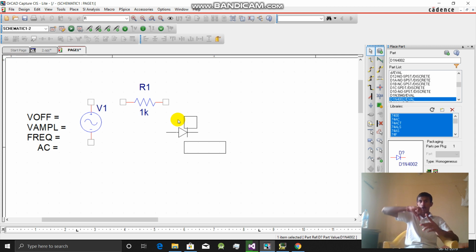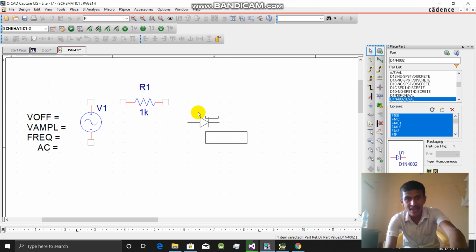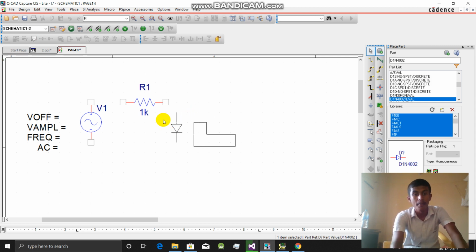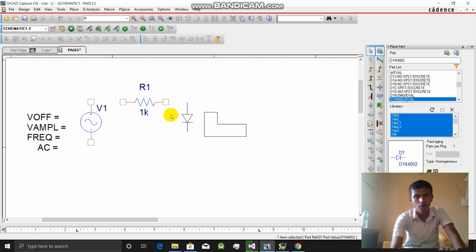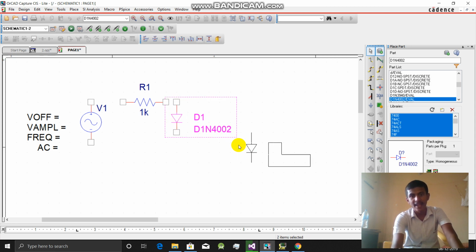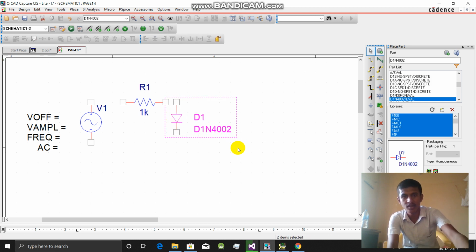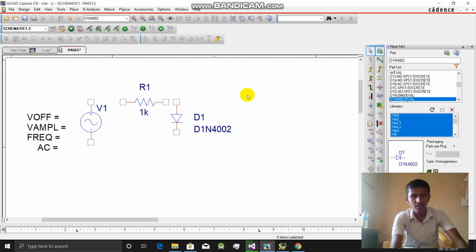For a positive clipper, remember this: to remove the positive waveforms we need to keep the diode in this form. Then we will connect all these things.